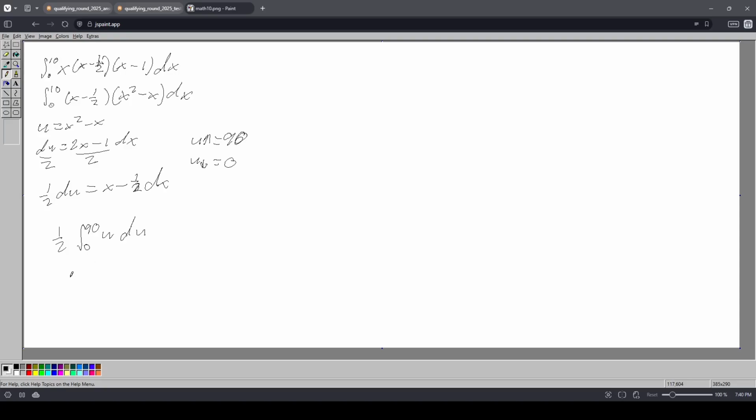Then you just go through: 1/2 times 1/2 u squared evaluated from 0 to 90. The 0 terms aren't going to mean anything, so we're only going to focus on the 90. You can also multiply that back in, so you get 1/4 times 90 squared, which gives you 8,100 over 4, which you can rewrite to make it simpler.